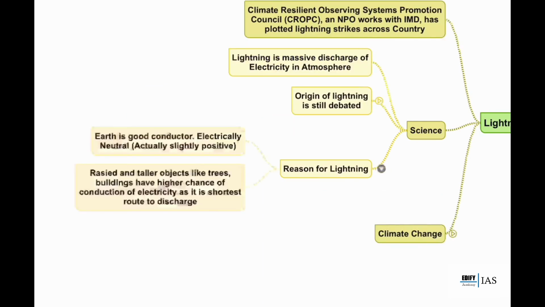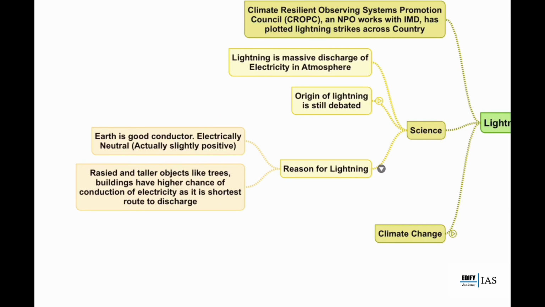So let's look at the reason for lightning. The lightning we are referring to here is lightning that strikes the earth, not the lightning that occurs in the atmosphere. Now, earth itself is a good conductor of electricity, right? We have earthing at our homes. That's because earth is a good conductor of electricity, and it's supposed to be neutral, theoretically, although it's slightly positive. That's for us to remember.